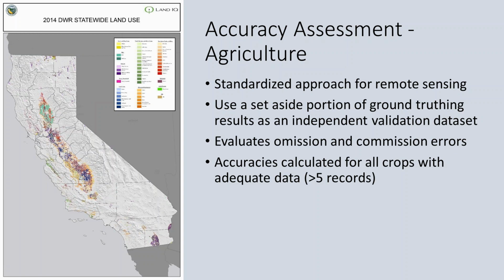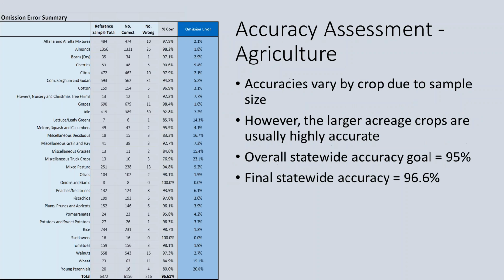And we calculate the accuracies for all crops that we have in our data set. And this is part of an accuracy matrix showing omission error. And again, our accuracies vary by crop due to sample size. So if our ground truthing effort only acquired, let's say, 20 samples of chestnuts, for example, or pecans.